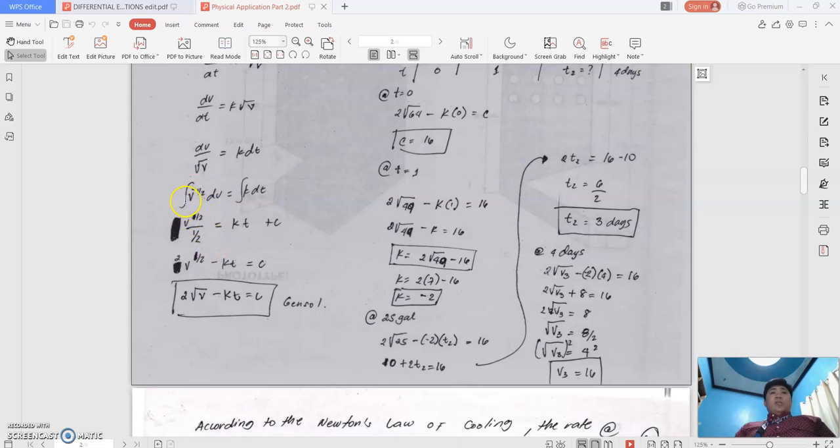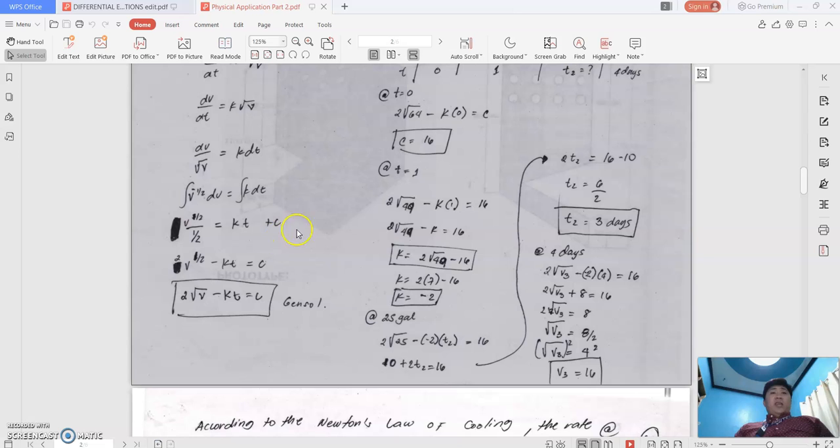Now we use the calculus 2 power rule. The power rule for V raised to the power of negative 1/2 is V raised to the given power, negative 1/2 plus 1, over the power plus 1. Negative 1/2 plus 1 is positive 1/2, so the denominator is also 1/2.